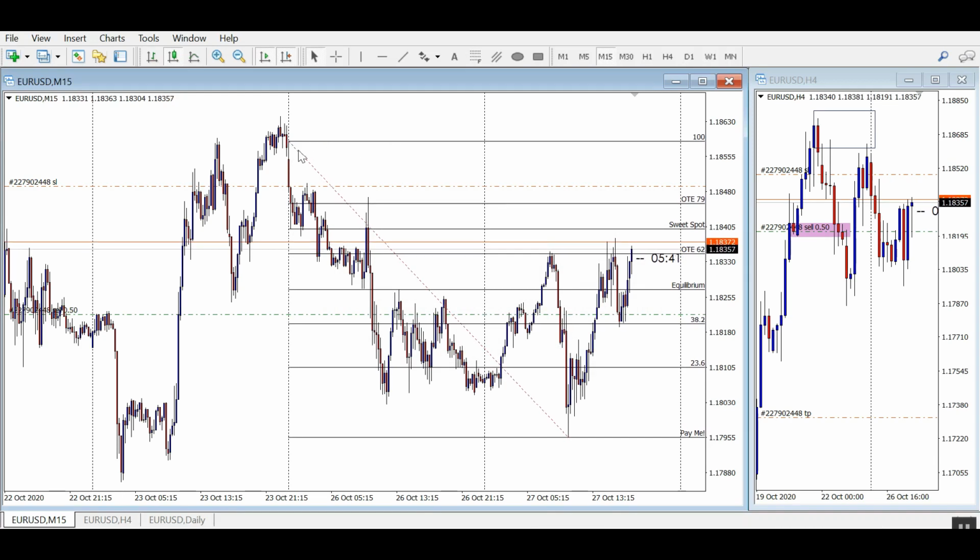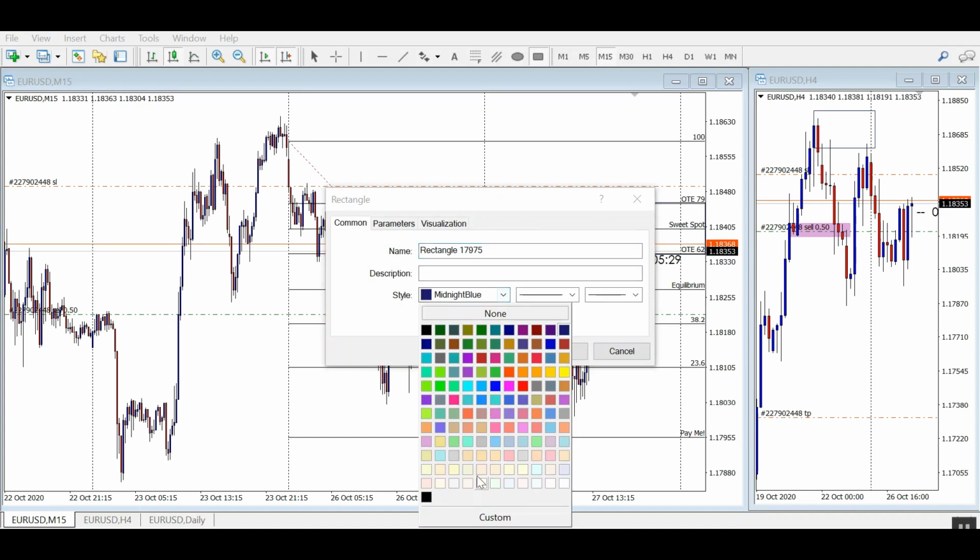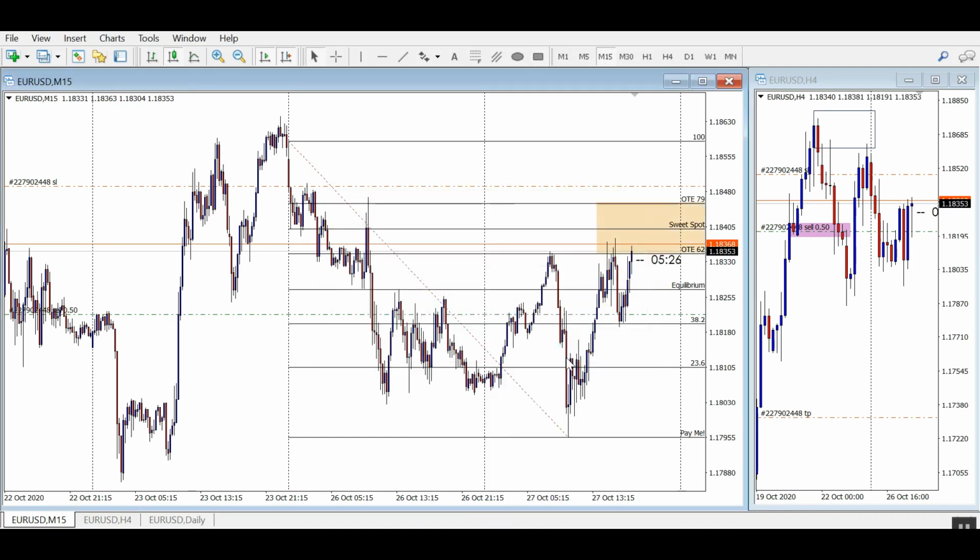Okay, so right now we have defined our OTE zone. The OTE zone is from Fibonacci retracement level 79 till 62. And this is always the best spot to enter the market, if, again, I repeat, if the market has not reached the previous day's high.